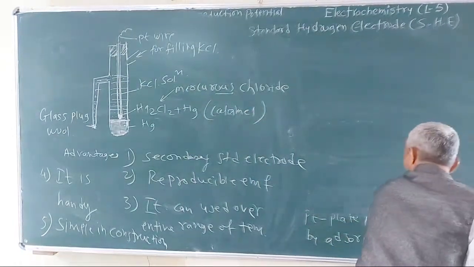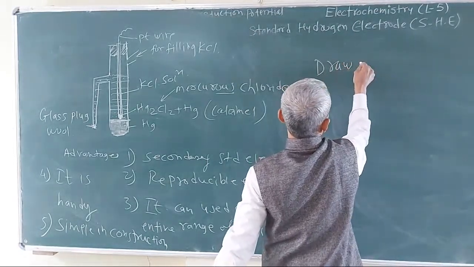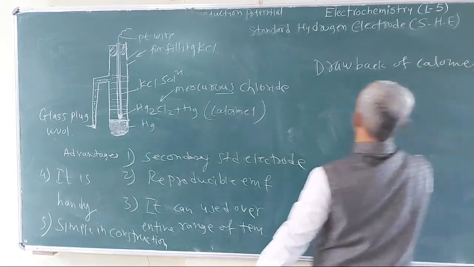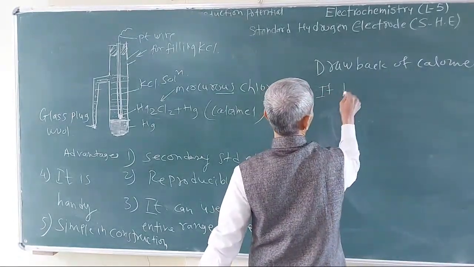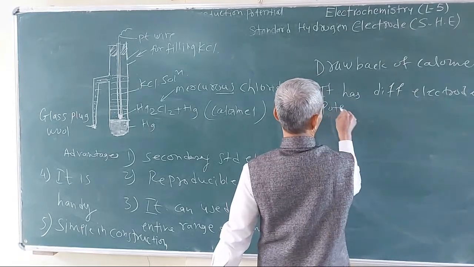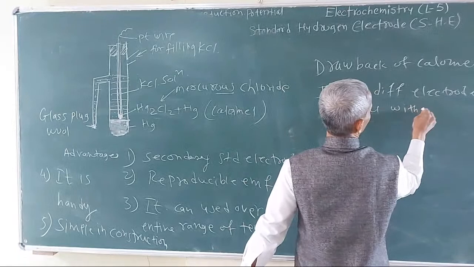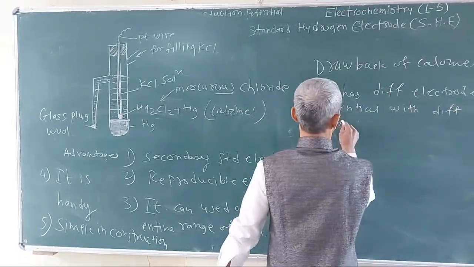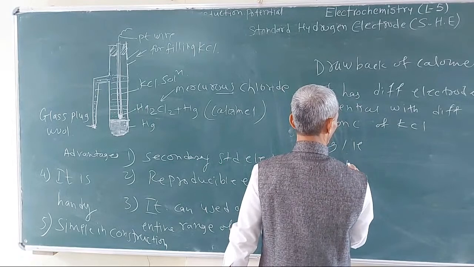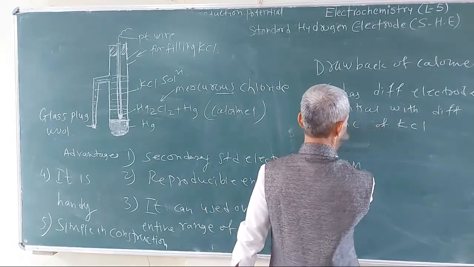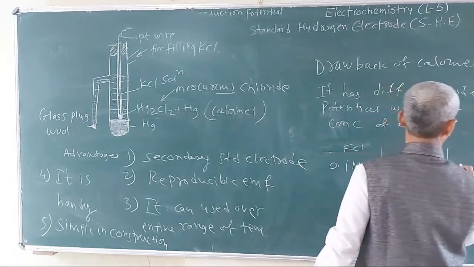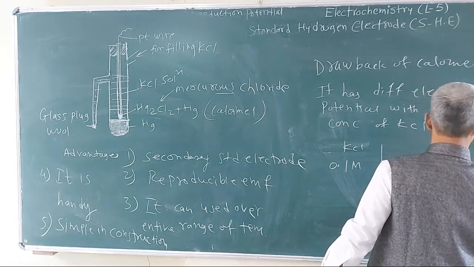We are going to study the drawback of the calomel electrode, and it is that it has different electrode potentials with different concentrations of KCl. For example, 0.1 molar KCl, 1 molar KCl, or saturated KCl.